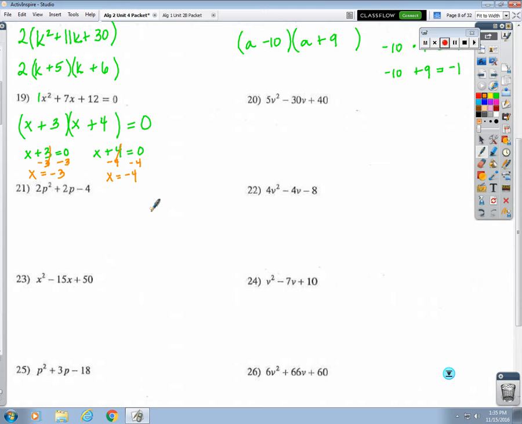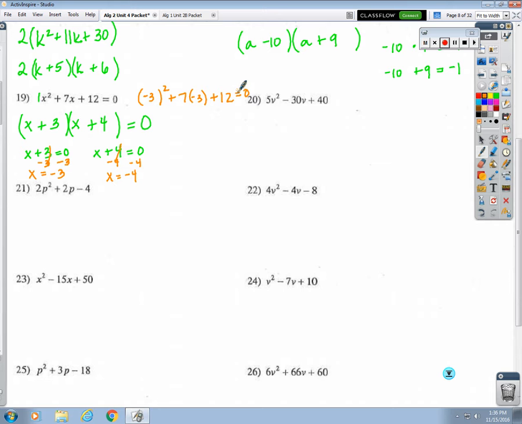Now let's talk about why those are the solutions to this trinomial. If I rewrite this, x squared plus 7x plus 12 equals 0. But in the x places, I left blanks because I'm going to plug in one of my x values.